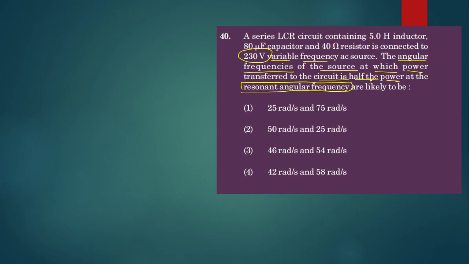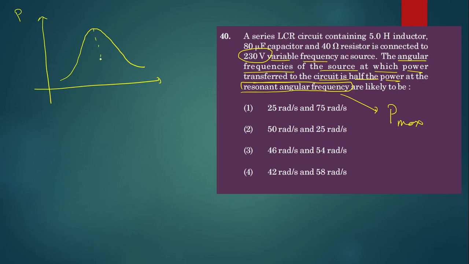First of all, at resonance frequency the power becomes maximum. How does the power change with the frequency? Let's say this is the power. The power first increases and then decreases. At a certain frequency the power becomes maximum. This frequency is called the resonance frequency.